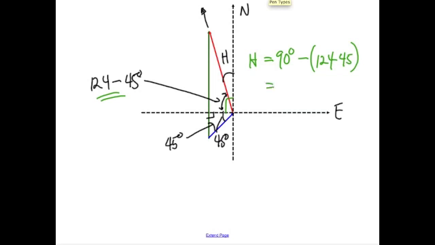And that turns out to be about 11 degrees. So I'm going to point my airplane 11 degrees, and notice this is on the western side of north. So that'll be west of north. And that's the heading I have.